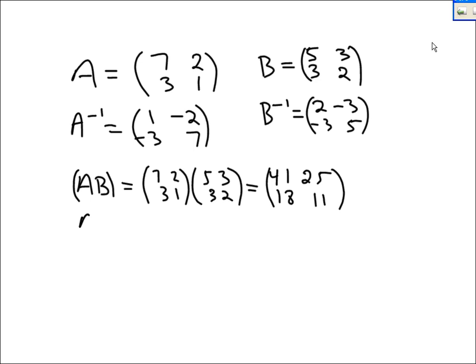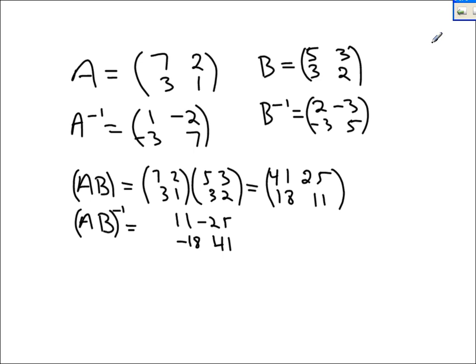Now, you can verify this, but the inverse of AB is going to be the following. It's going to be 11, -25, -18, 41. The determinant is 451 minus 450. Wonderful. Well, of course it's going to be 1. Okay. So that's the inverse.